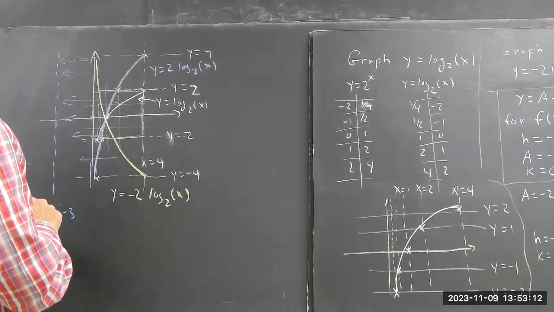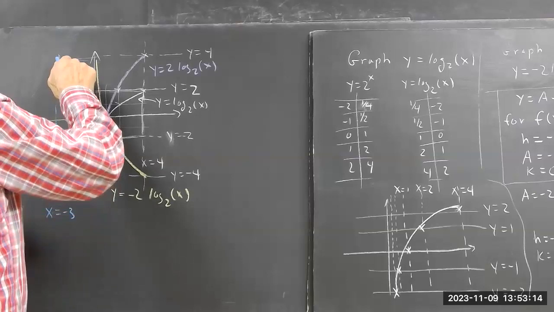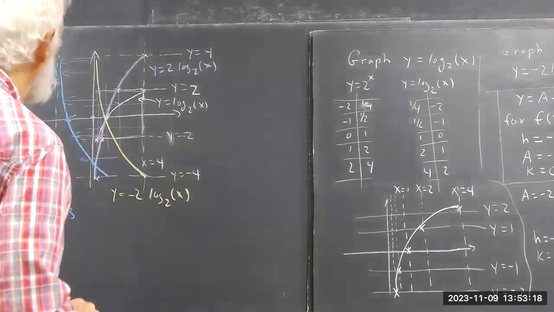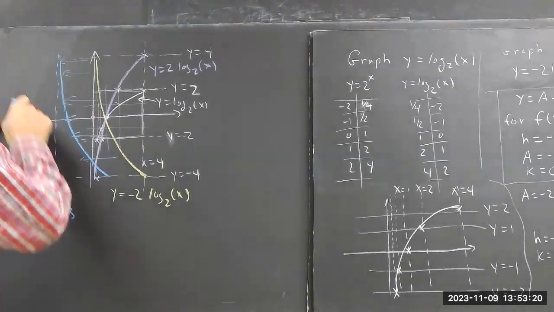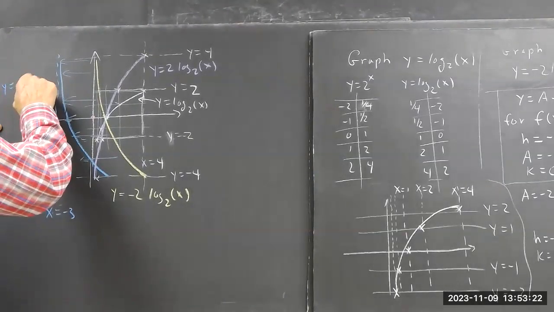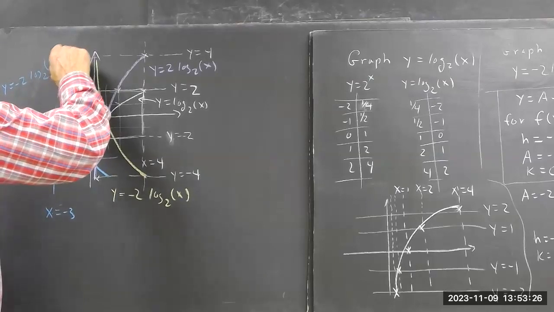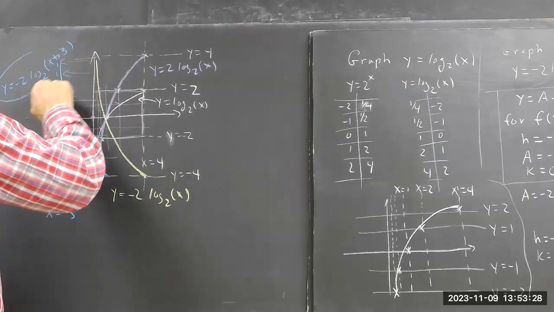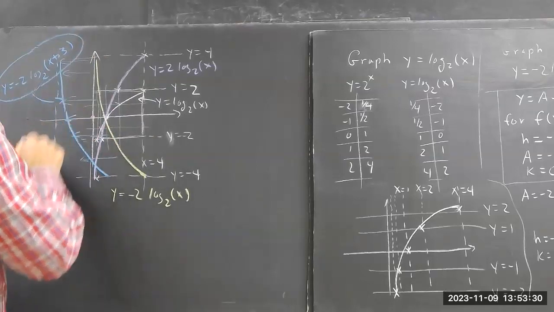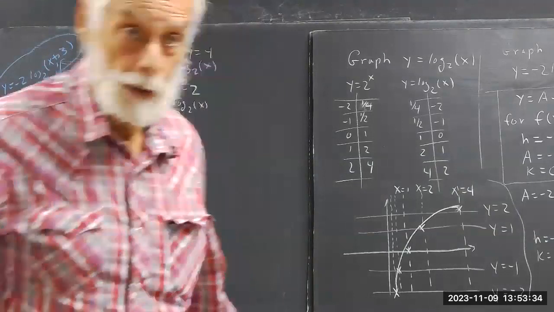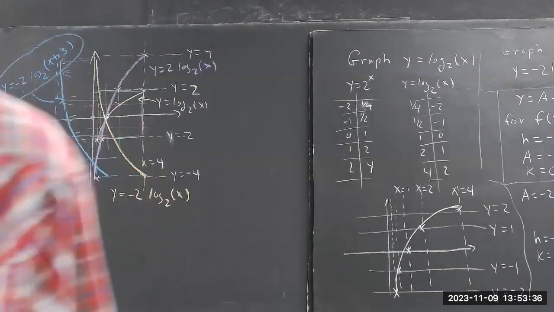And we get a graph. This would be our y equals -2 log base 2 of x plus 3. That'd be hard to read. Could have planned that better. Okay. Make sense?